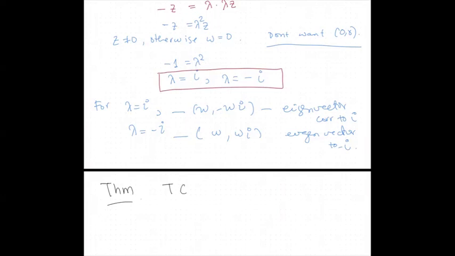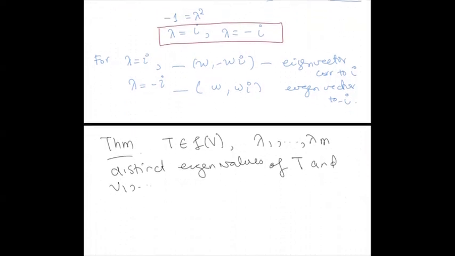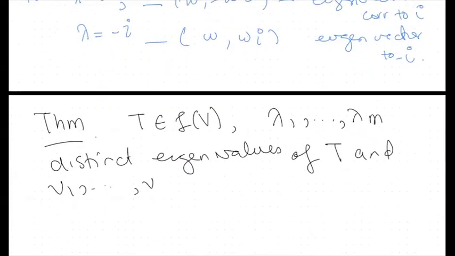Let T have distinct eigenvalues lambda 1 to lambda m, and let v1 to vm be the corresponding eigenvectors.